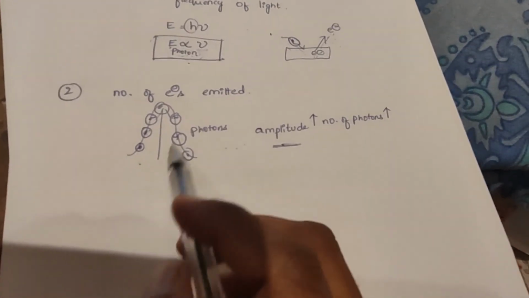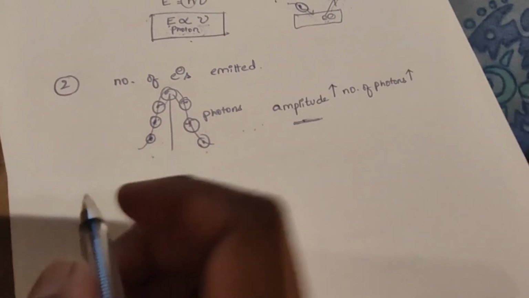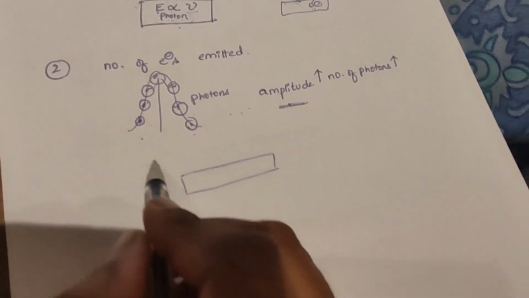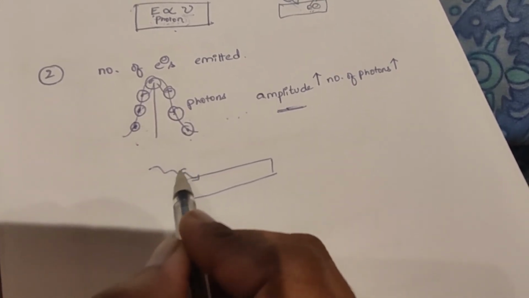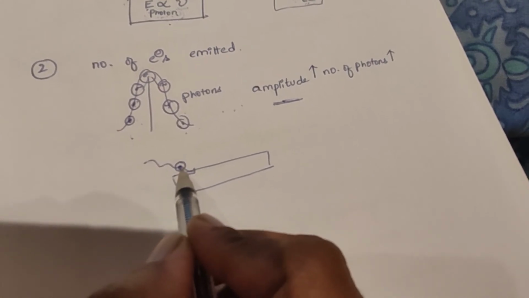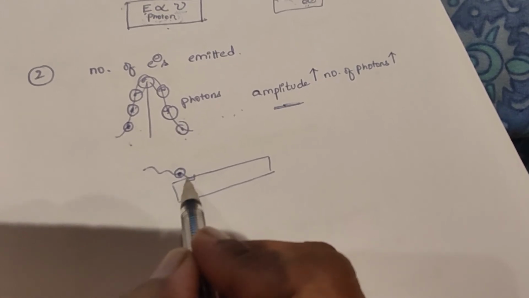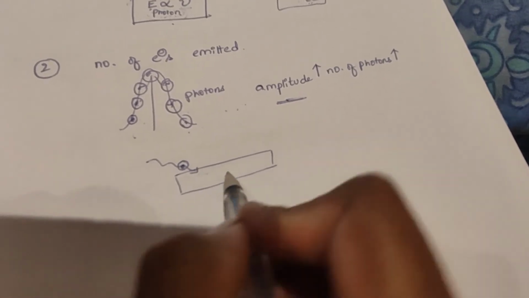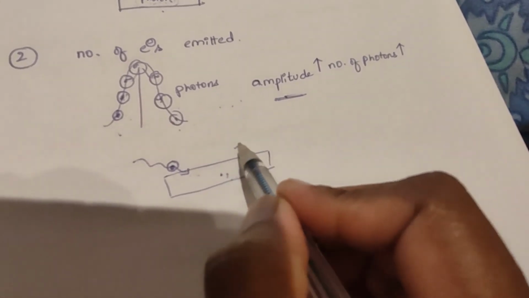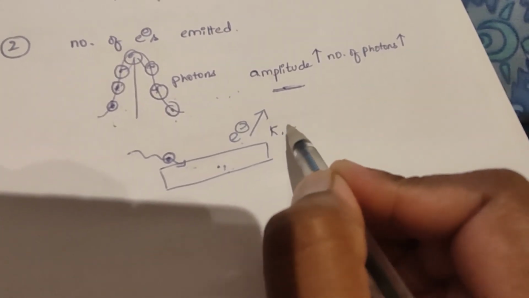So when the photon hits the metal surface, the energy of the photon is equal to the threshold energy of the metal and the electron's kinetic energy.